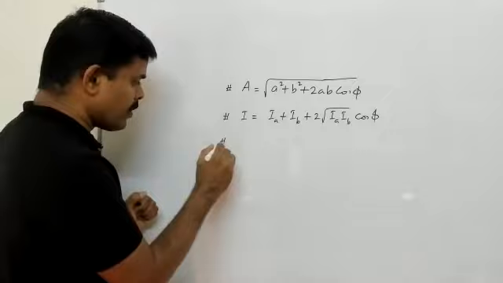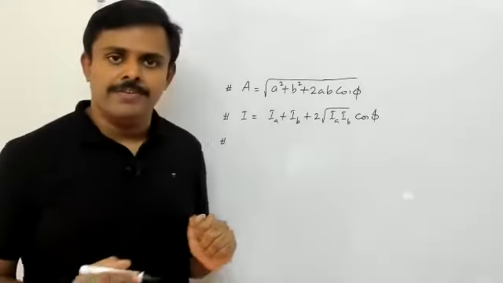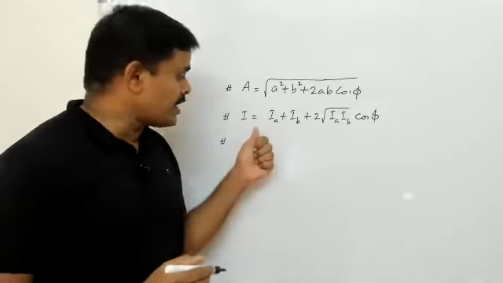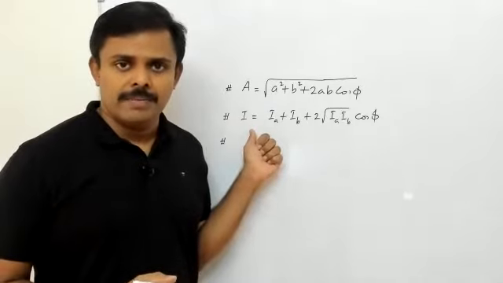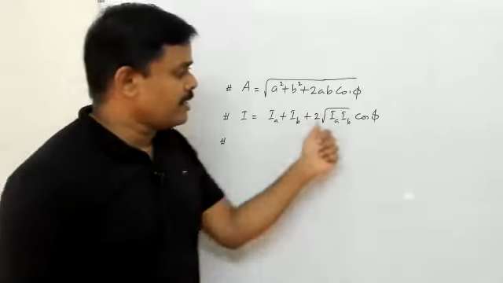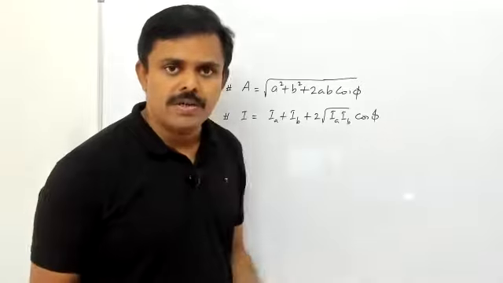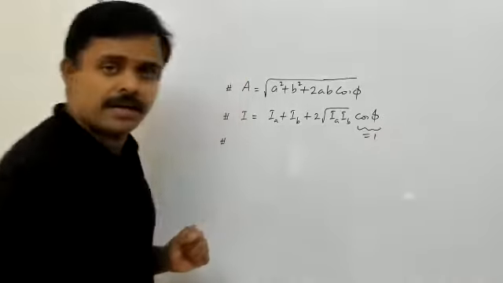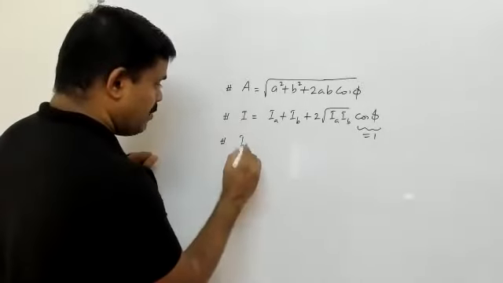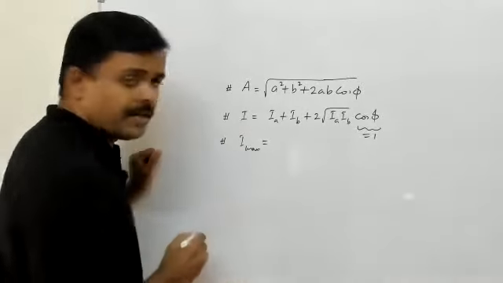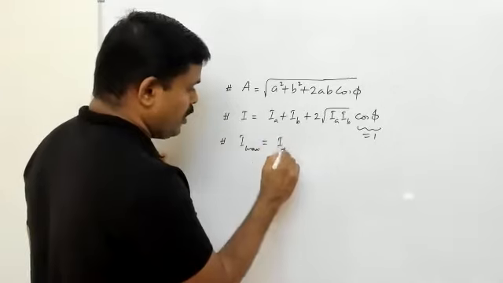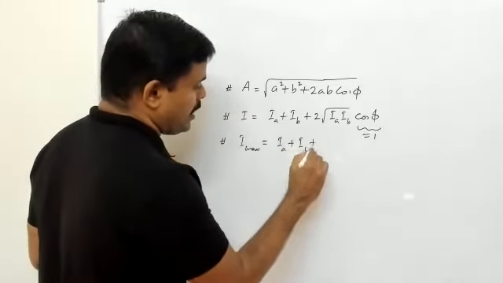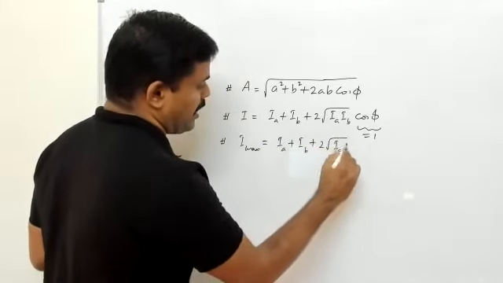I'm going to give you a third equation now. What is the condition for maximum? If I want to get intensity maximum, there is one variable here, cos phi. When is cos phi maximum? Cos phi can have a maximum value equal to 1. That would make I max equal to IA plus IB plus 2 root IA IB.